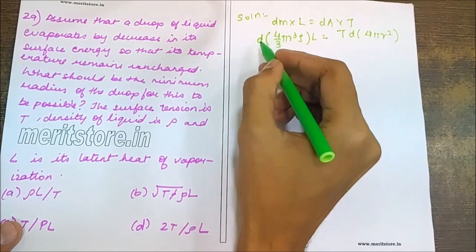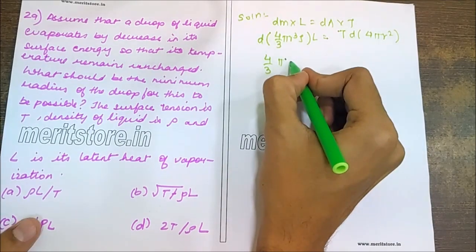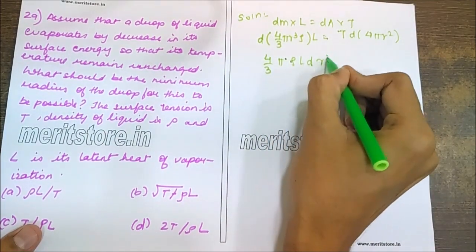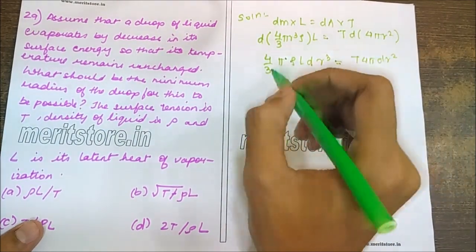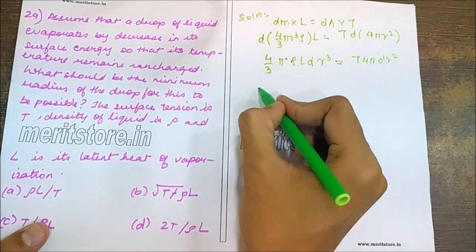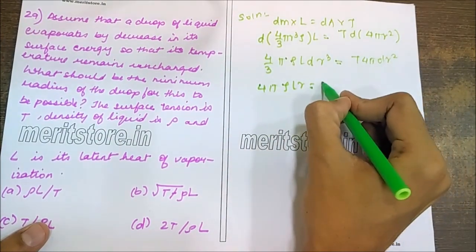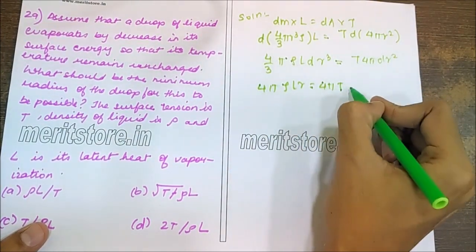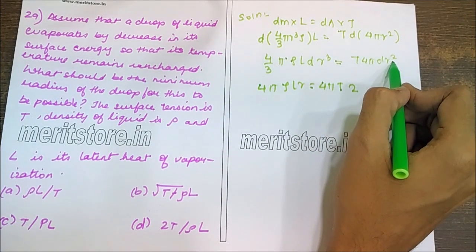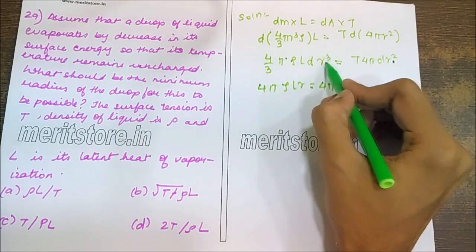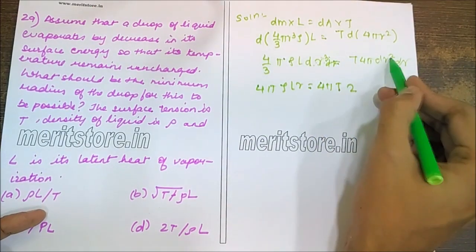Okay, solving this equation, we have 4 upon 3 pi rho L d(r cube) equals T 4 pi d(r square). Now we differentiate with respect to r, so r cube becomes 3r square and r square becomes 2r.